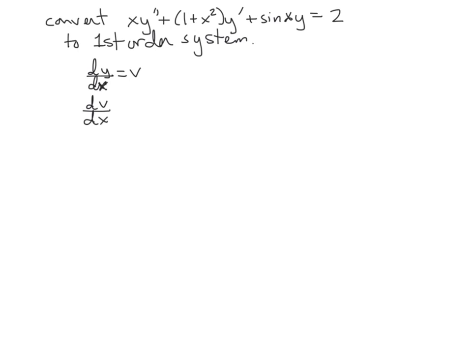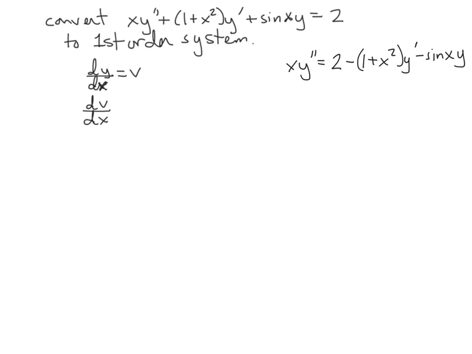All right, so to solve for y double prime, I'm going to do this work on the side. I've got x y double prime. Maybe I'll bring everything else over to the other side of the equation. So I'll have 2 minus 1 plus x squared y prime plus sine of x times y. Oops, how about a minus in there instead?